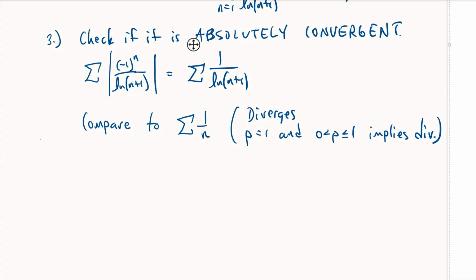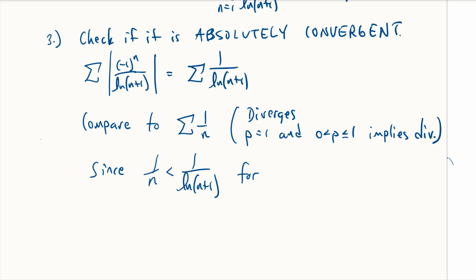And again, I think this is relatively easy to do. If you need to use a calculator, you can. If you go look at the terms of 1 over n, the first so many terms are not smaller than 1 over natural log of n plus 1.